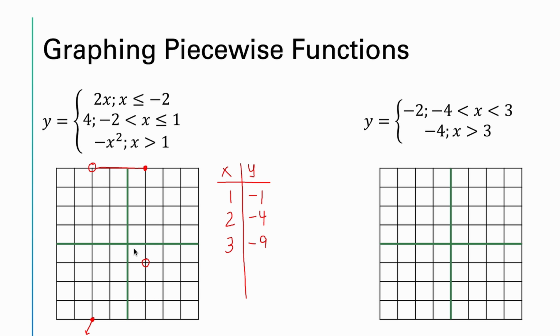So let's plot that. 2, -4. And it's actually supposed to go this way. Okay, there we have it. That's the graph of the piecewise function we saw above.